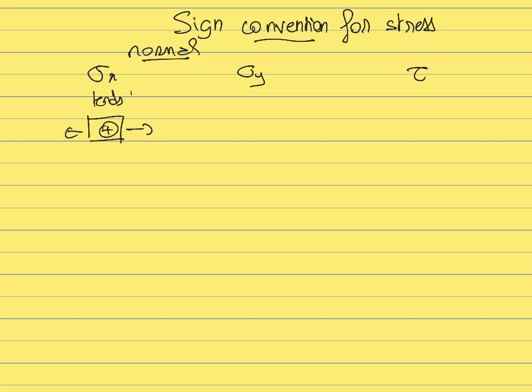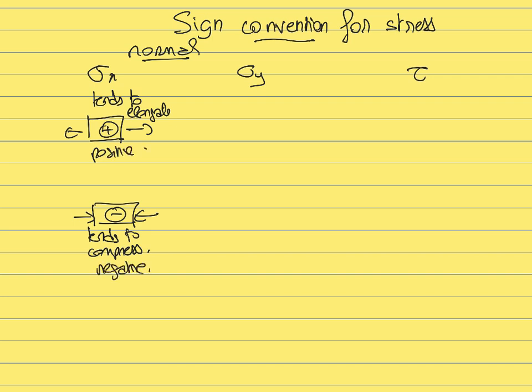That's a stress that tends to elongate the material. On the other hand, we define a negative normal stress as a stress that tends to compress the material. So this one is the positive convention, and this one is the negative convention.